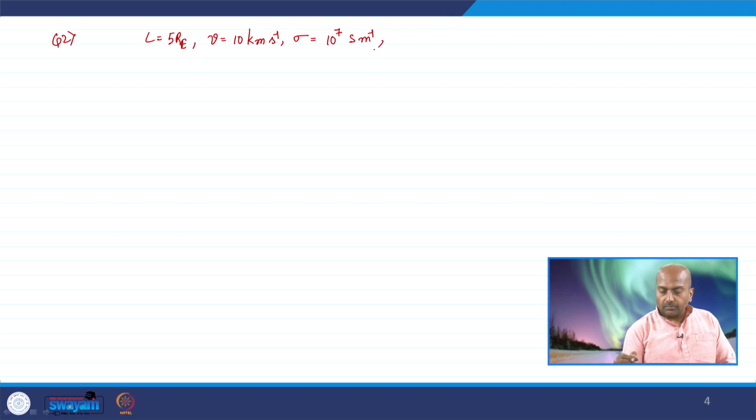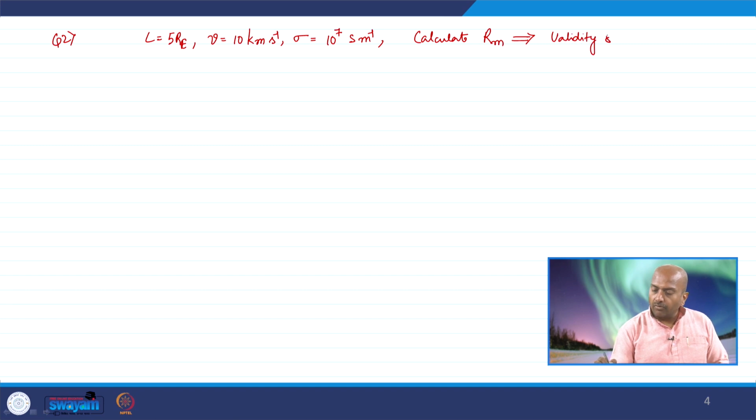Now, with this, calculate Rm, the magnetic Reynolds number, and conclude on the validity of the magnetohydrodynamics approximation. Right.